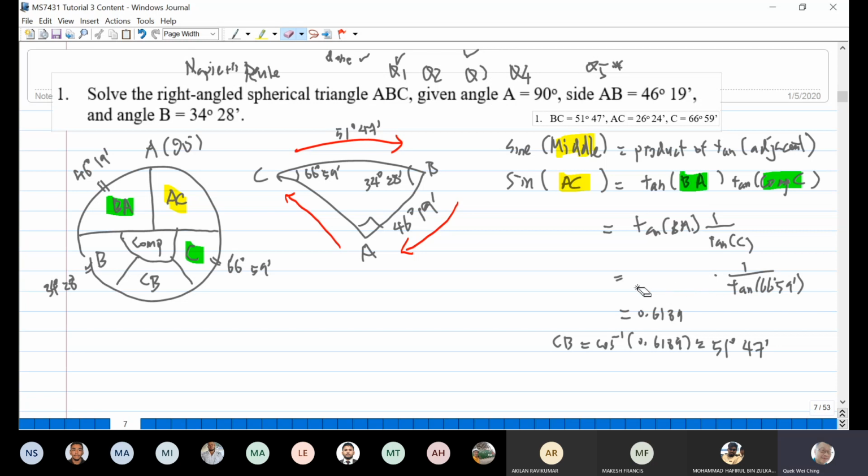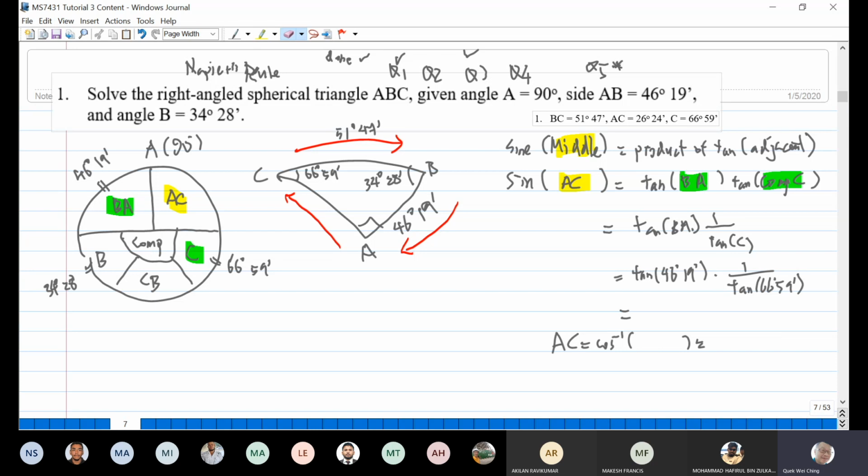BA is 46 degree 19 minutes, right? So tangent of 46 degree 19 minutes. Okay, let's find the final answer. And I'm going to find AC now. Okay, so you press calculator now. Okay, my pen has run out of battery only.